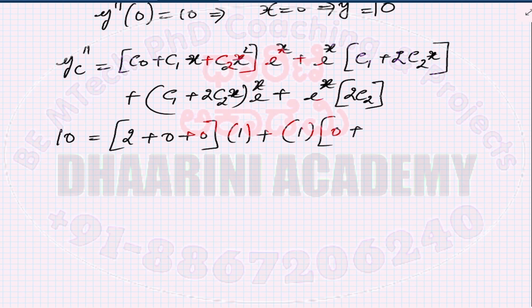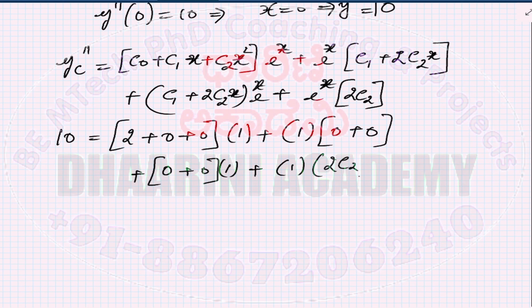Already c1's value is 0, so I am substituting 0. This is gone. Next term, what's the value of c1? 0, plus 0 into e to the power 0, which is equal to 1, plus e to the 0 is 1, not plus, my mistake, into 2c2. c2 is unknown. I am finding the c2 itself now.